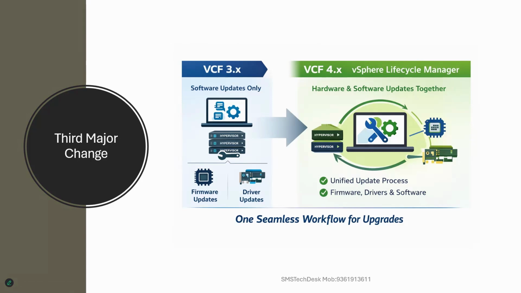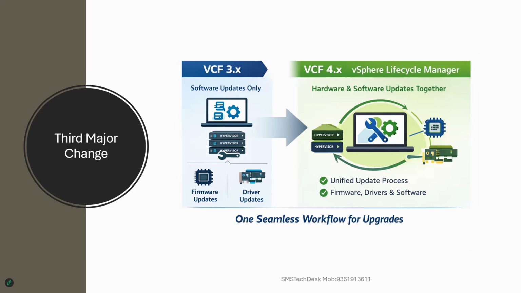The third important change is lifecycle management, because in VCF 3.x upgrades were handled but mostly focused on software components. Whereas in VCF 4.x, VMware introduced vSphere Lifecycle Manager, which allows administrators to manage not only software updates but also the firmware and drivers of physical servers. So in real production environments, both hardware and software can be updated together in a single workflow, which saves time and reduces issues.